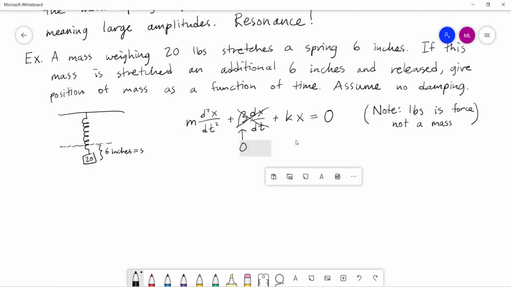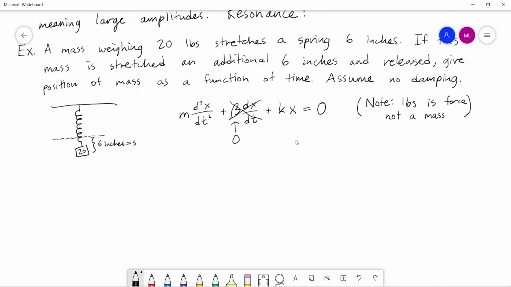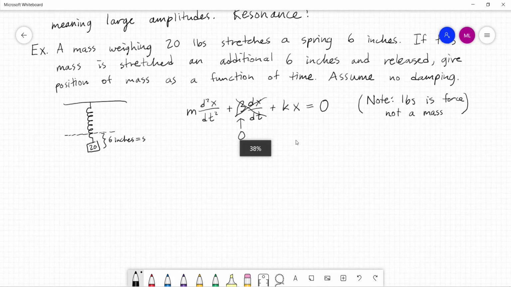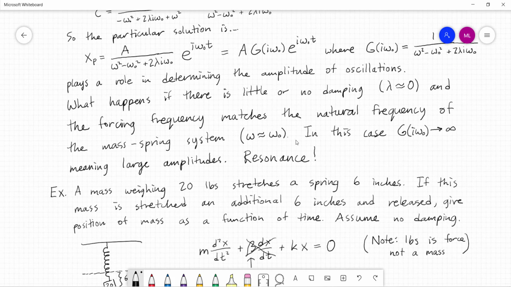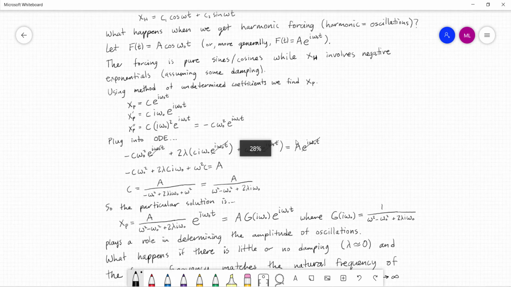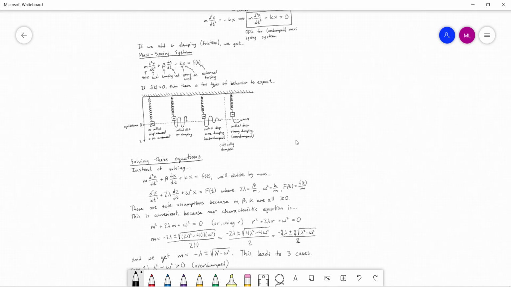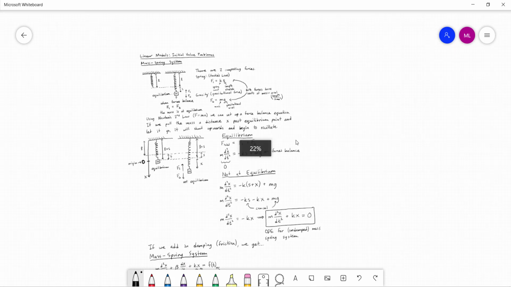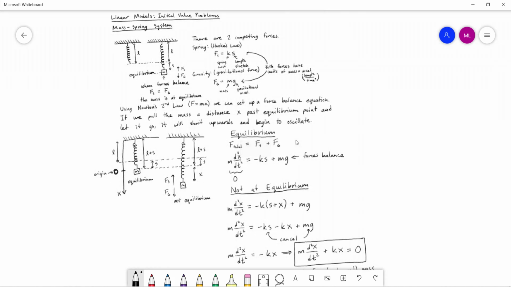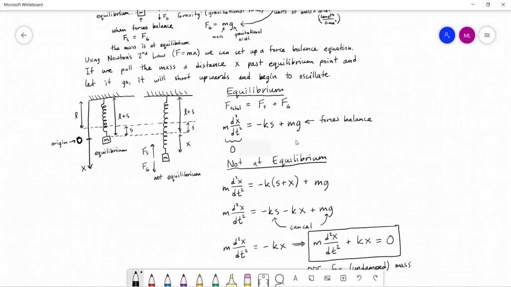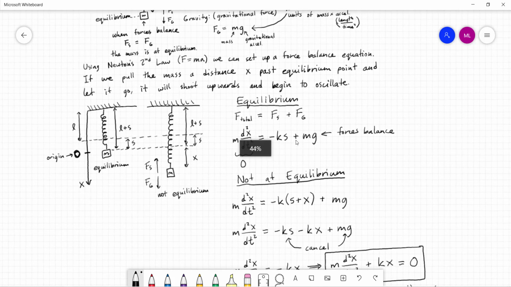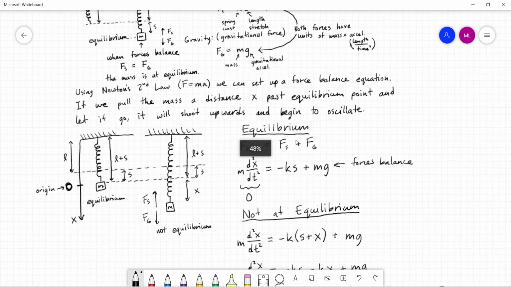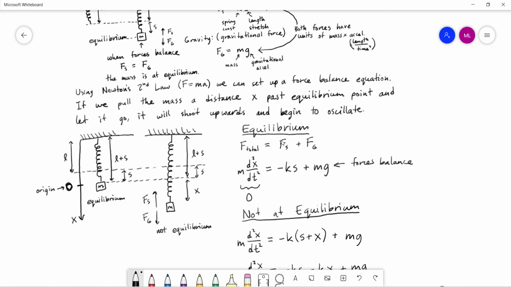Okay, so I want to go back way to the beginning of our lecture, way up here. And I want to talk about basically this situation, or maybe a better spot to look at it is right here.